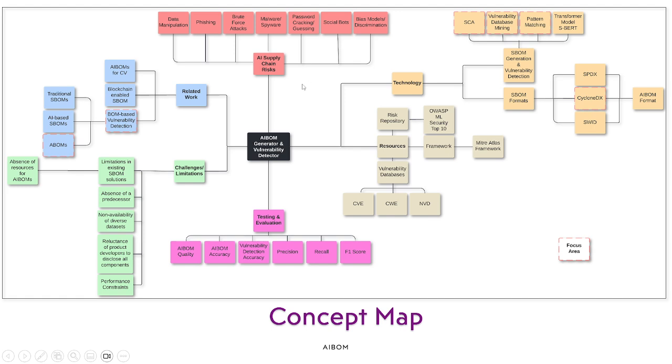For the vulnerability detection part, the vulnerabilities will be detected based on the large language model that is being used, and based on the bill of materials itself. And for testing and evaluation, these were the parameters used to evaluate the minimum viable product: the quality, the accuracy, and the vulnerability detection accuracy, and the scores, which I'll be discussing at the conclusion of this presentation.